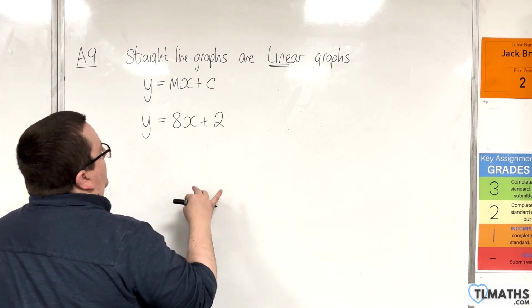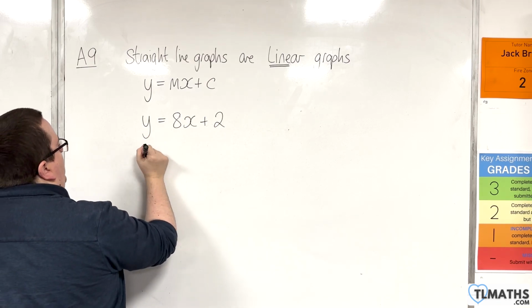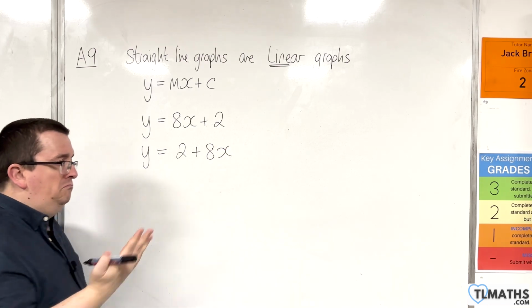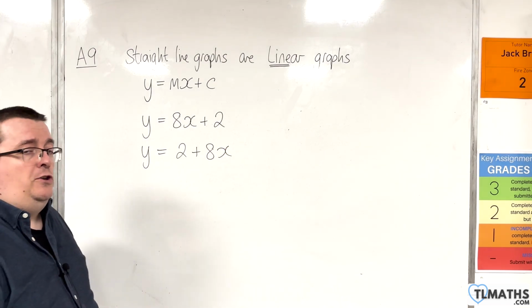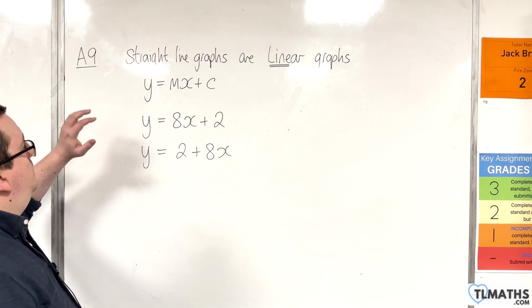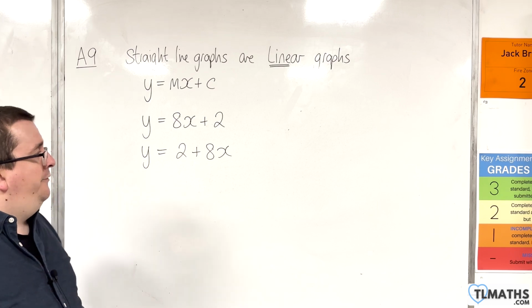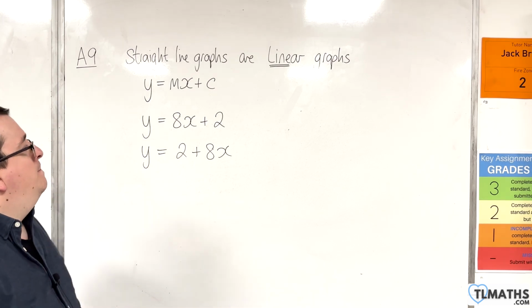Well, the first thing you might do is go, well, I could write the 2 and the 8x round the other way, couldn't I? I could write it like that, 2 plus 8x. Haven't changed anything. 8x plus 2 is the same as 2 plus 8x. So these two represent precisely the same graph. It's just written in a slightly different way.